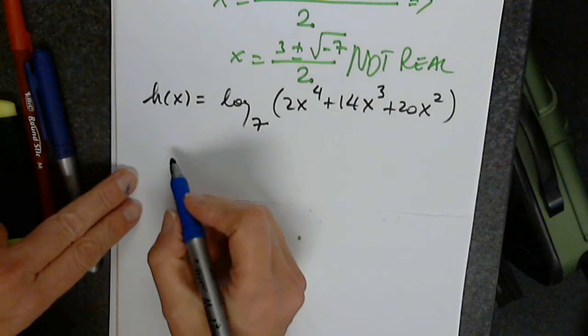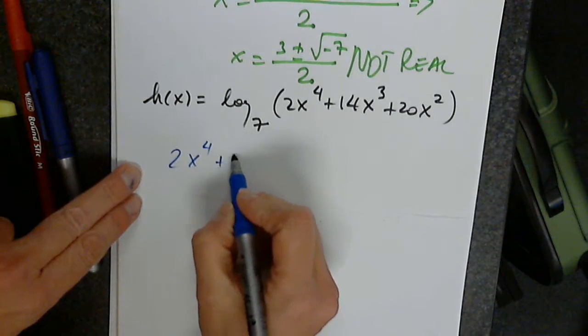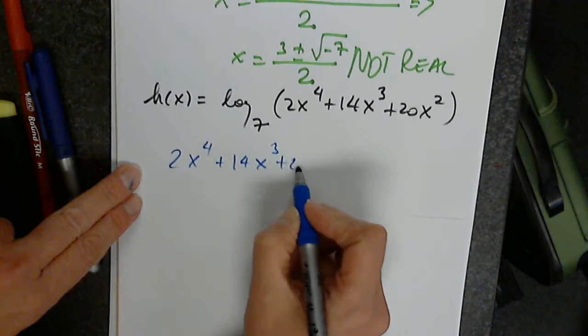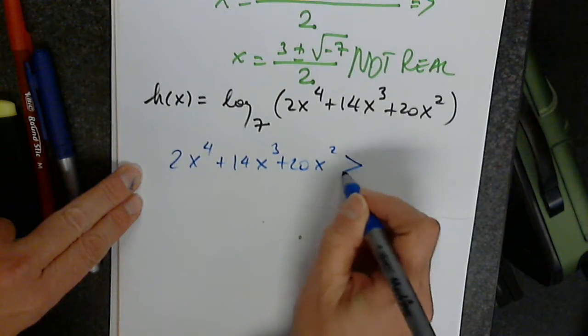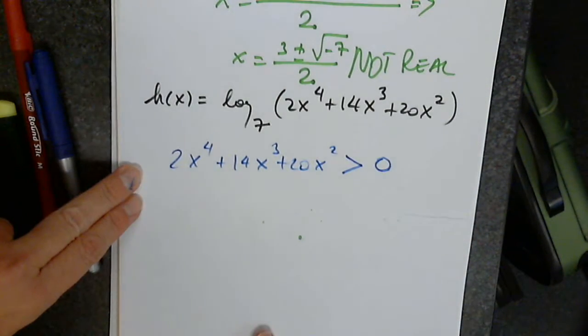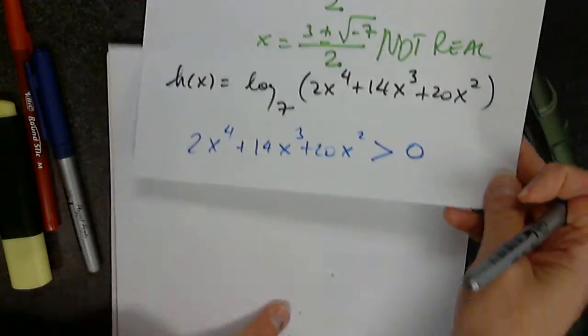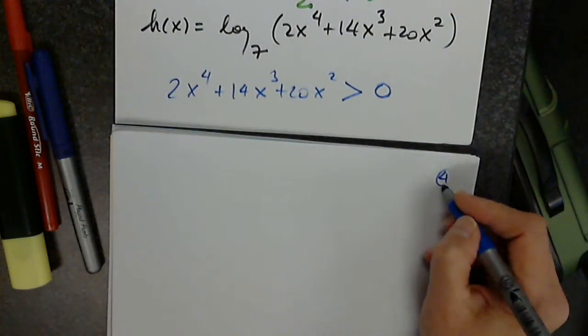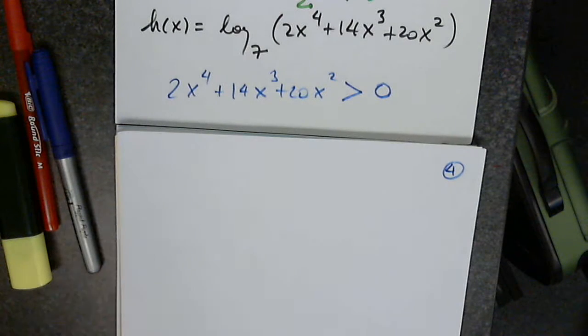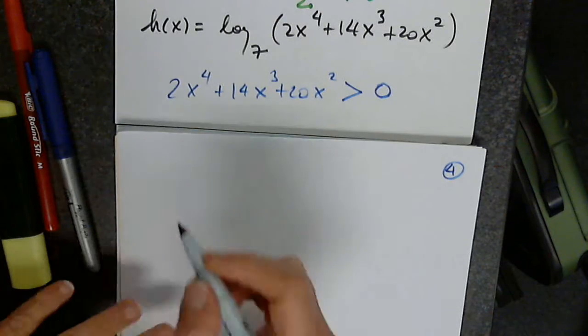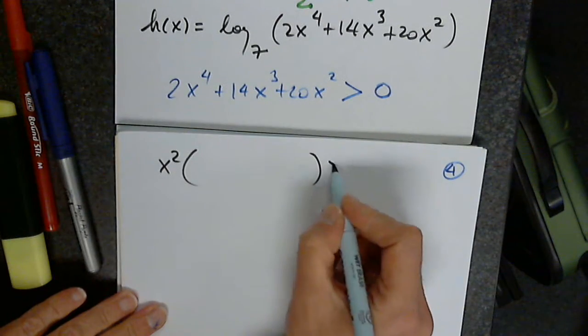Yes. Very good. Okay. So then I'm going to try to factor this polynomial. Is there anything that I can pull out right away? X squared. Very good. And what is left in parentheses?